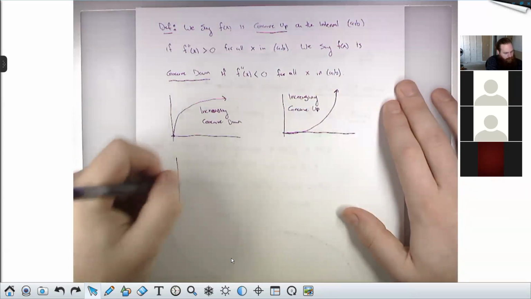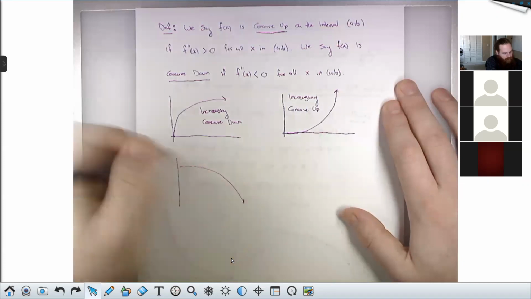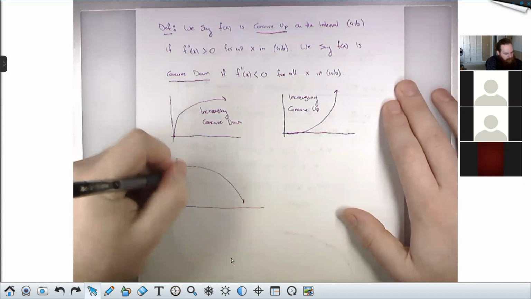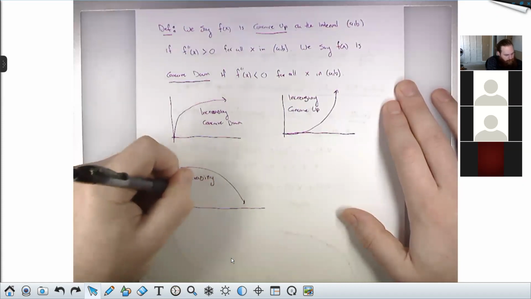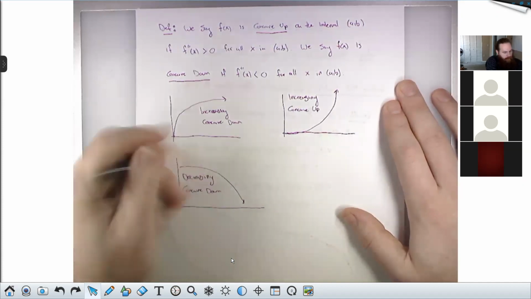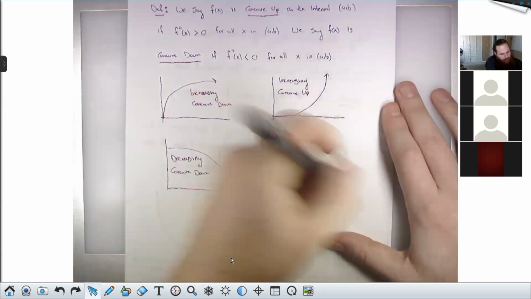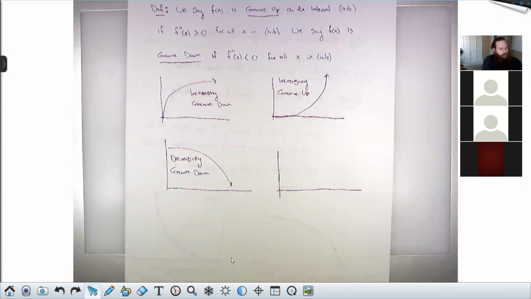So that looks like this. And then there's decreasing concave up, which looks like, I think, yeah, this.